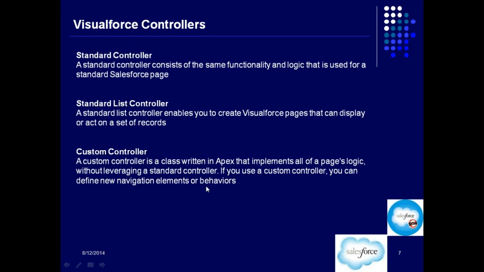You have the choice of defining your own behaviors or navigations or everything. Then controller extension is an extension of a standard or custom controller, but we will talk about controller extension a little later. We are going to talk about custom controller first.